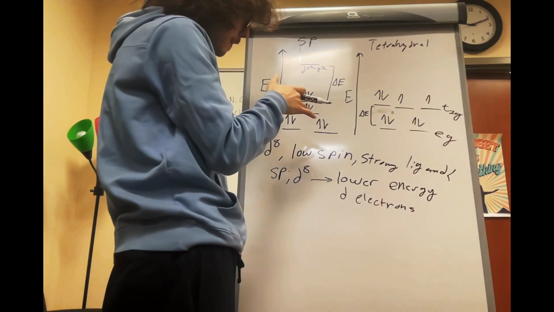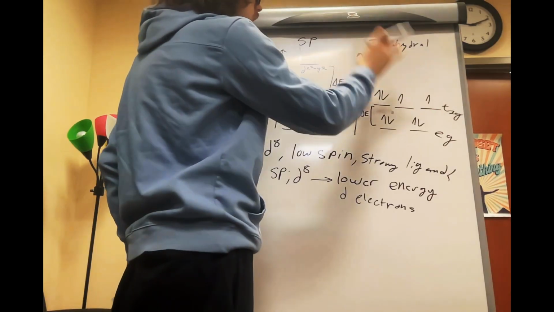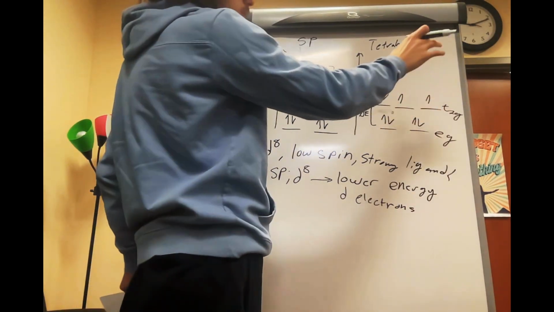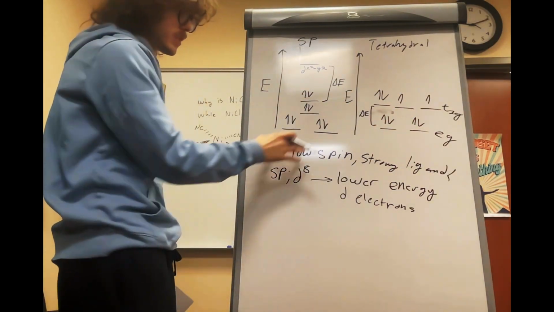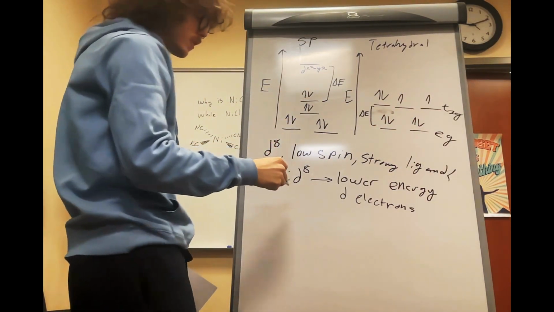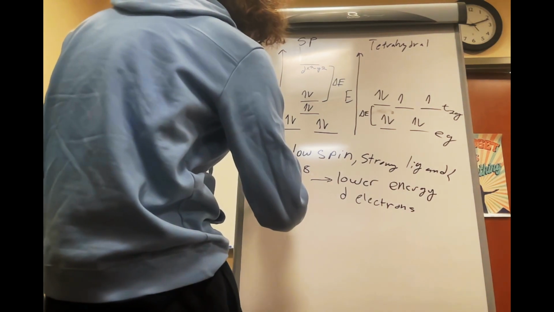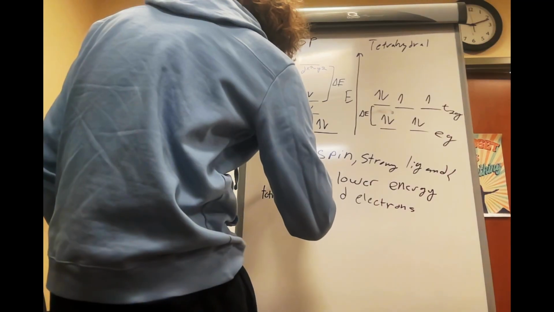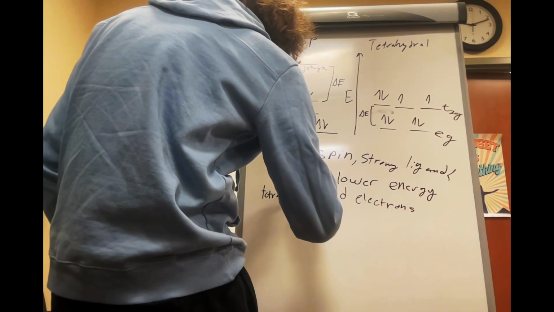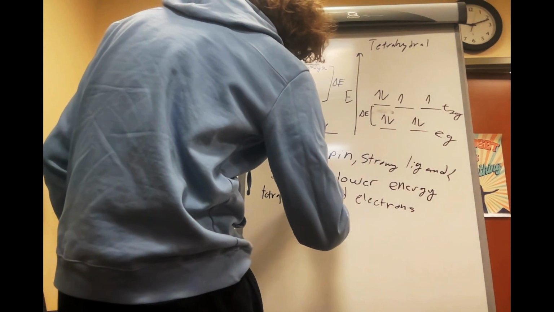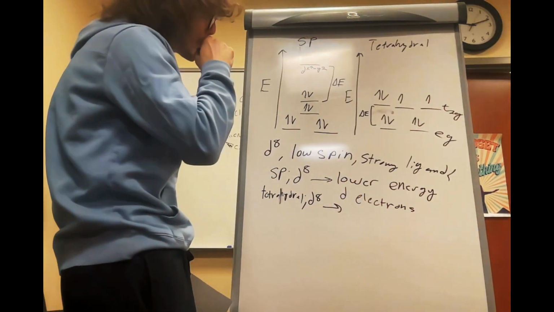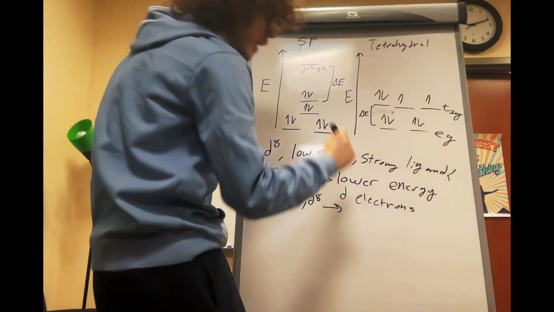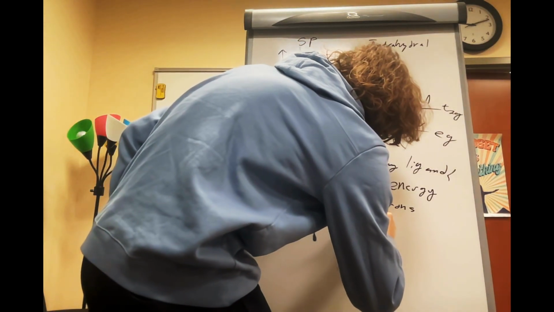However, because you have these really high energy orbitals and only a few lower energy orbitals in comparison here, for tetrahedral d8, assume low spin, you're going to find that these electrons compared to these ones are higher in energy.